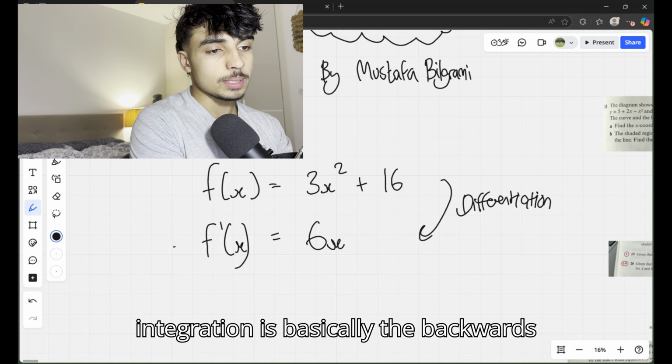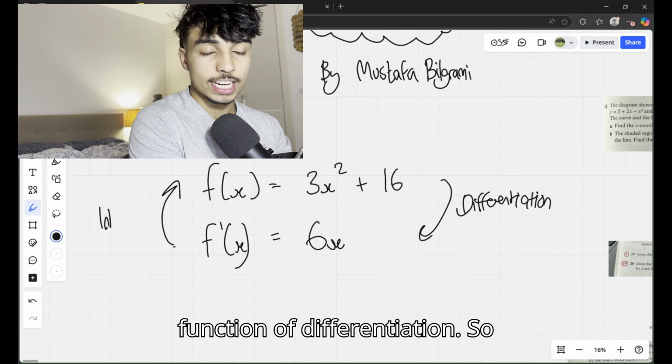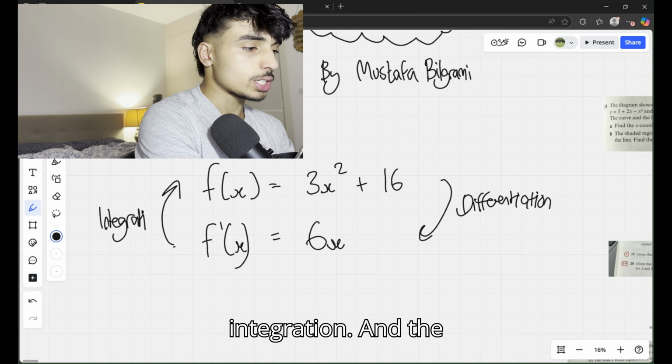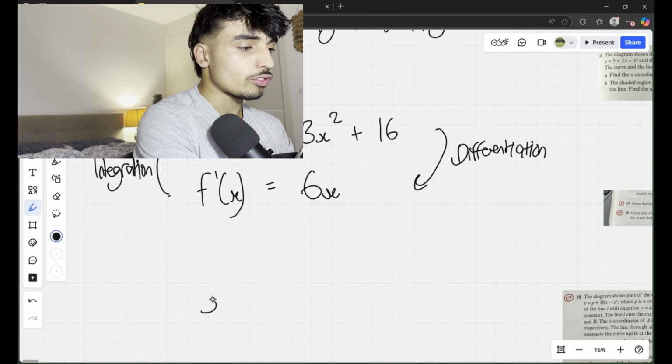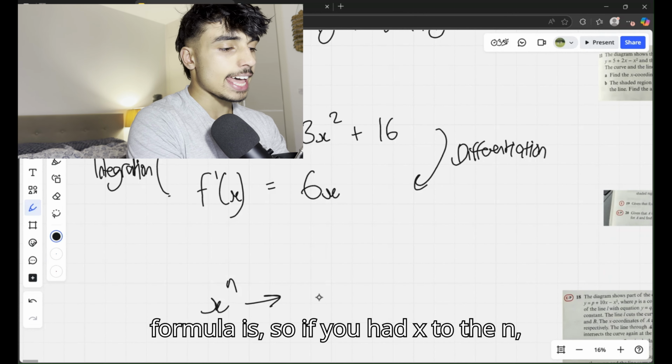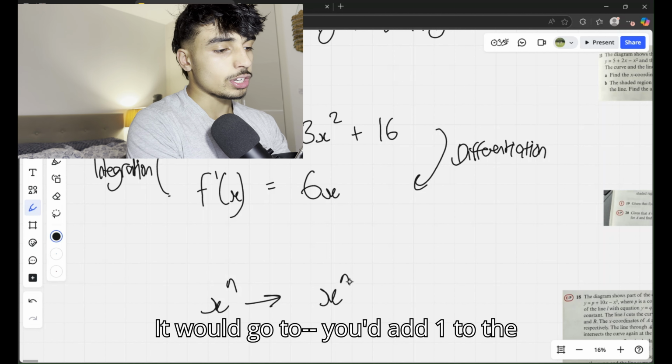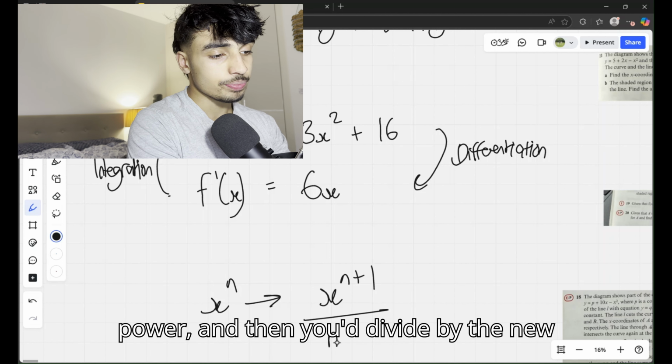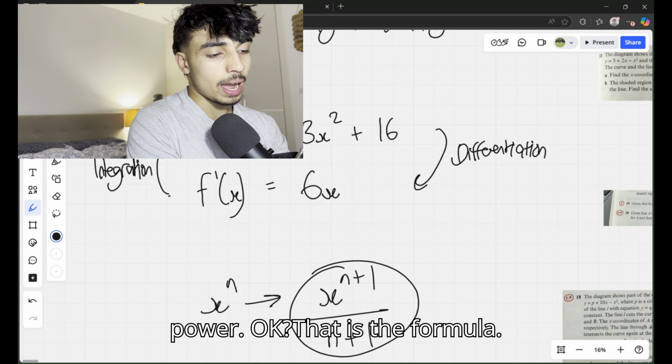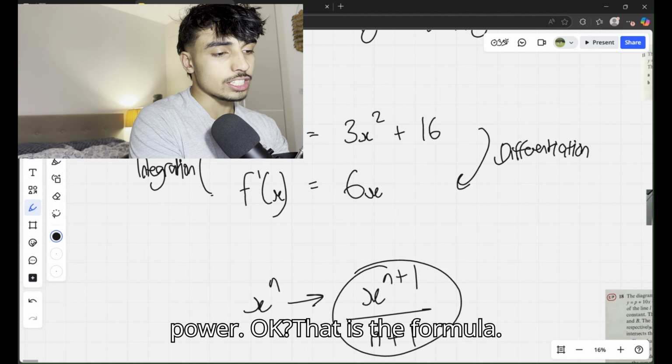So integration is basically the backwards function of differentiation. The formula is, if you had x to the n, you'd add 1 to the power, and then you divide by the new power. That is the formula.